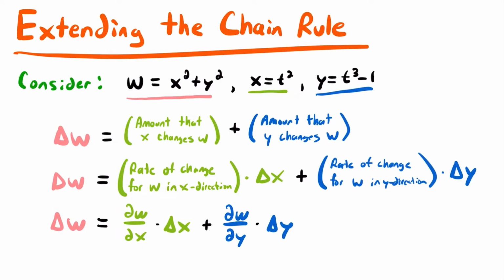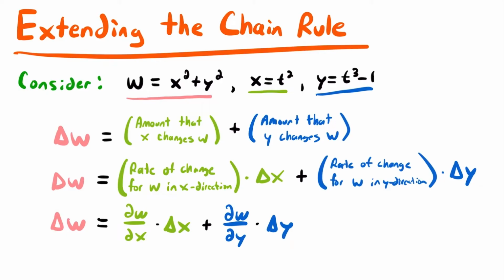We're still looking for a formula to help us find dw/dt, right, the derivative of w with respect to the independent variable t, and notice that there currently are no t's in this equation. So we need to involve t somehow, right? We want to introduce it to this equation so that hopefully we can get to an expression that will help us find dw/dt. And specifically, we want to consider the change in t.